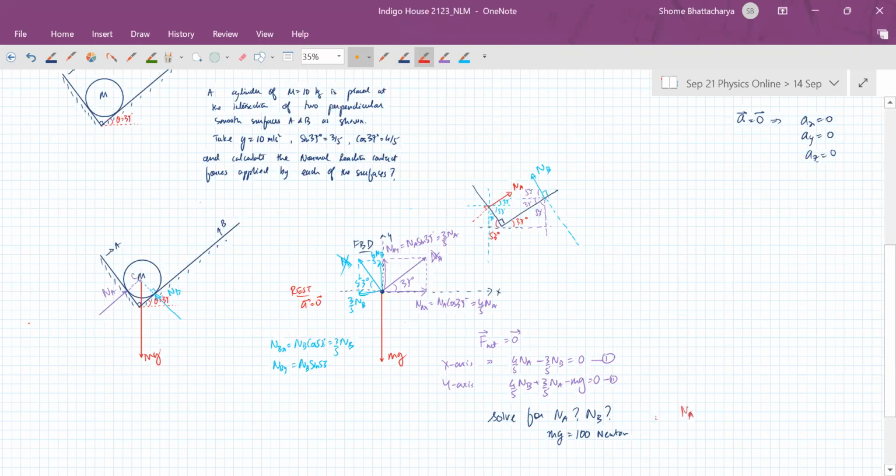Yes, very good. Na will come out to be 80 newtons and Nb will come out to be 60 newtons when you calculate. From this equation, you can show that Nb is 4 by 3 Na. So substitute that here. So 16 by 15 plus 3 by 5 Na.